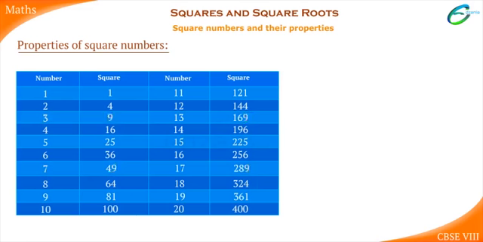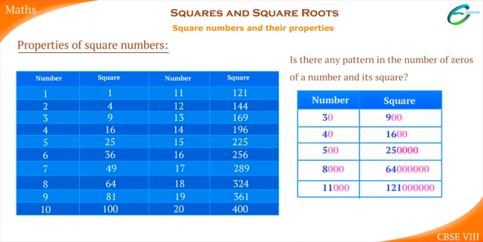In the same way, if a number ends with the digit 4 or 6, then its square ends with 6. And if a number ends with 5, then its square ends with 5. Also observe that the squares of even numbers are even, and the squares of odd numbers are odd.